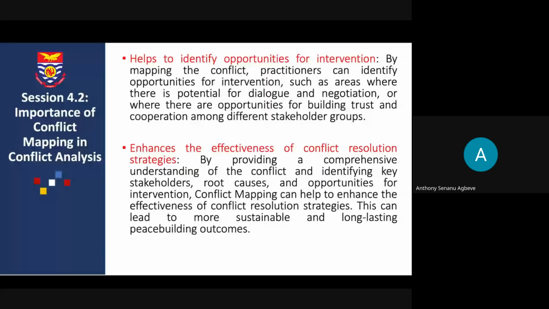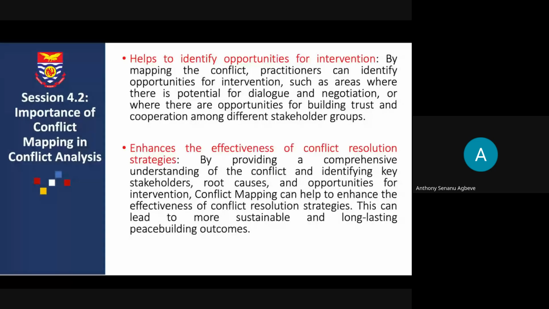What strategies or avenues can we put in place so that we can resolve the conflict? So it helps us to identify areas where there is potential for dialogue and negotiation so that we can build trust and cooperation among the stakeholders so that we can resolve the conflict. So you map the stakeholders, you bring them together, you identify whatever their issues are.